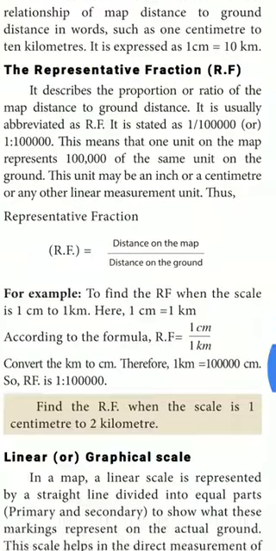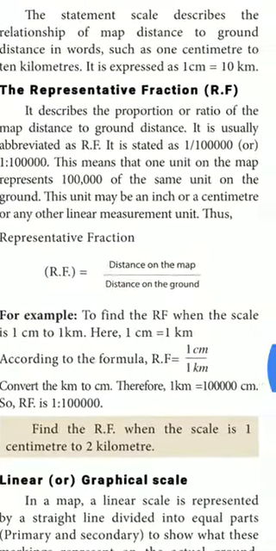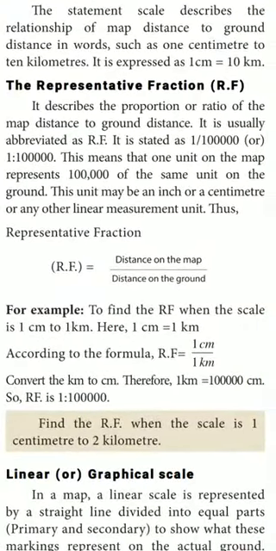What do you know about this representative fraction? It describes the proportion or ratio of a map distance to ground distance. In abbreviated form, it is RF. It is stated as 1 by 10,000 or 1 is to 1 lakh, 1 by 1 lakh.